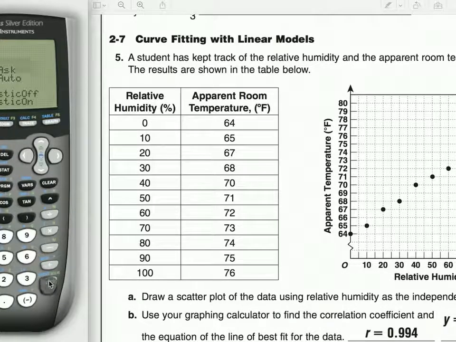So go ahead and press Enter, and Enter again so that the calculator knows you need to have the diagnostic function on. So again, let's press on STAT, scroll to Calculate, press on number 4, and press Enter again. There, you will have the standard deviation calculated for you for all these 11 data points.